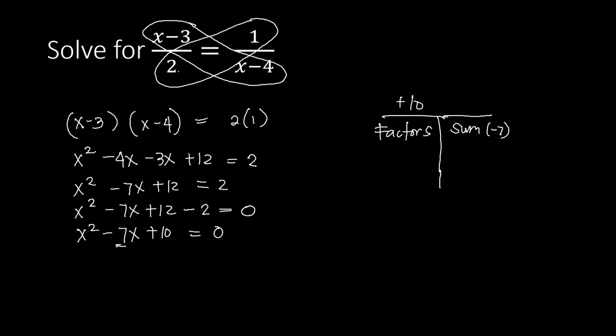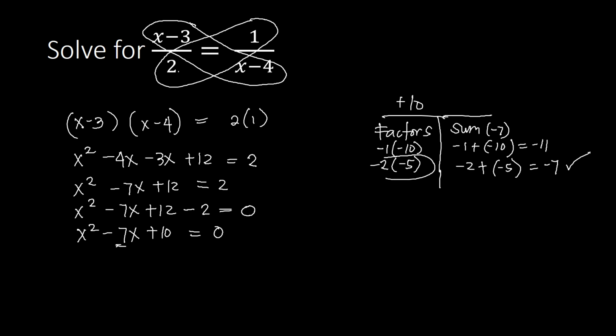So we have negative 1 times negative 10, that will be positive 10. Negative 1 plus negative 10 will be negative 11, so that's not it. Let's go for more. We've got negative 2 times negative 5, that will be positive 10. Negative 2 plus negative 5 will be equal to negative 7, and that's it. We will be utilizing this one.